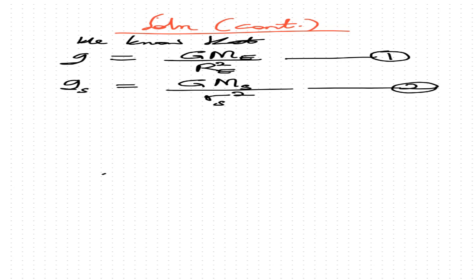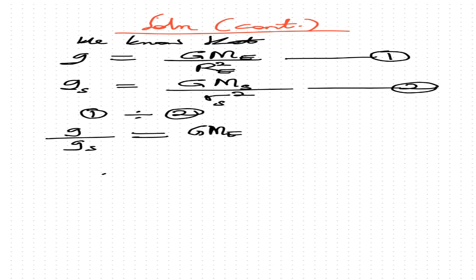We relate them. So equation 1 divided by equation 2, you get what? G over GS is going to give us GME.